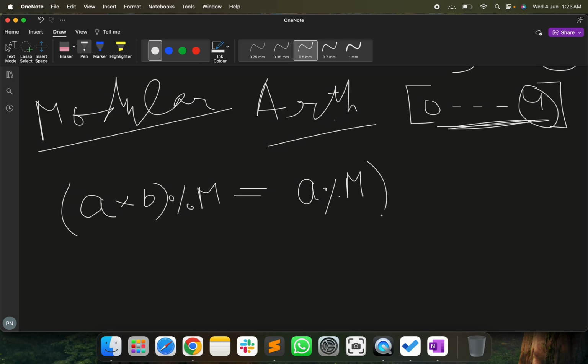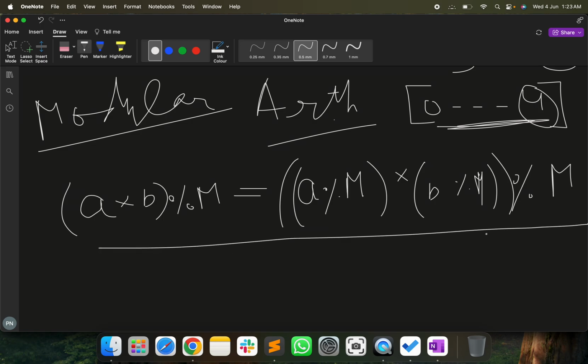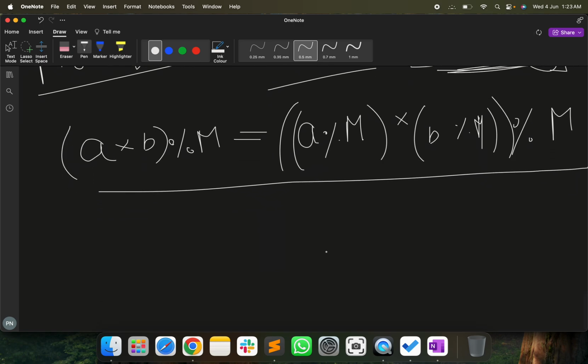So we are going to take the mod of a, multiplied by the mod of b, and after this the multiplication of both of them can lead to a value greater than m. So we are going to take a mod of this again. This is what we call modular arithmetic, and it is taking mod for multiplication.